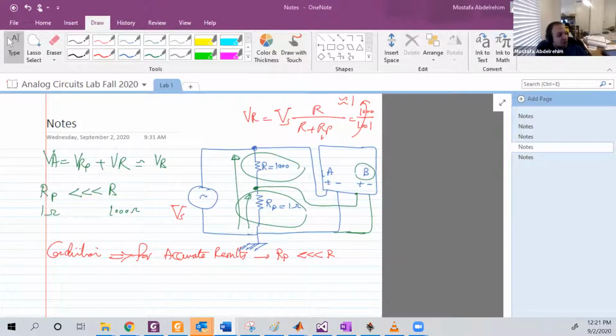And R2 is R or RB. This is R and this is RB. So every time I'm asking to change R1, which is R, the 1 ohm will still be 1 ohm. I want you to do the 10K and 0.1.